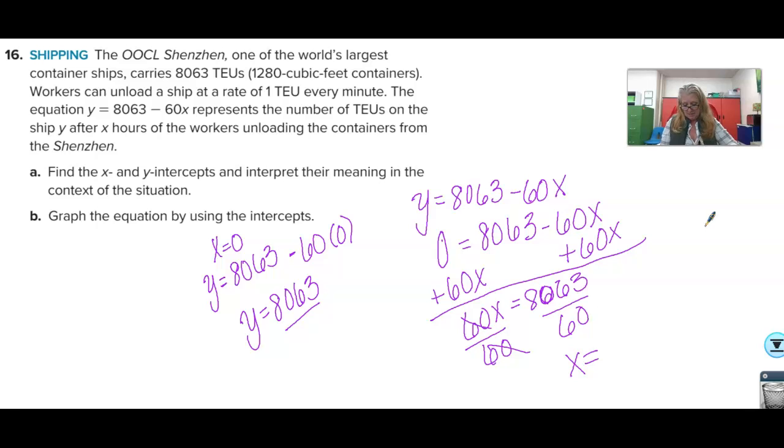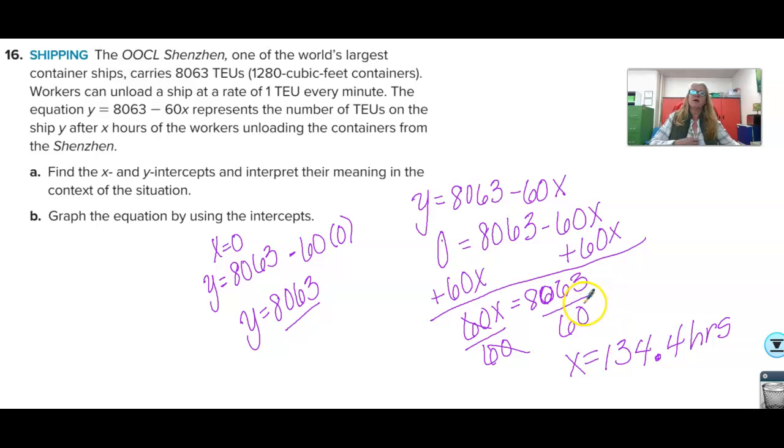All right, 8063 divided by 60. Oh, okay, we don't get a perfect answer. 134.4. I'm rounding, okay? So it will take approximately 134.4 hours for them to completely unload the ship.